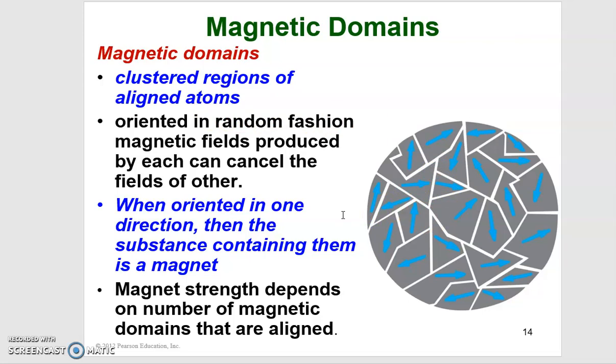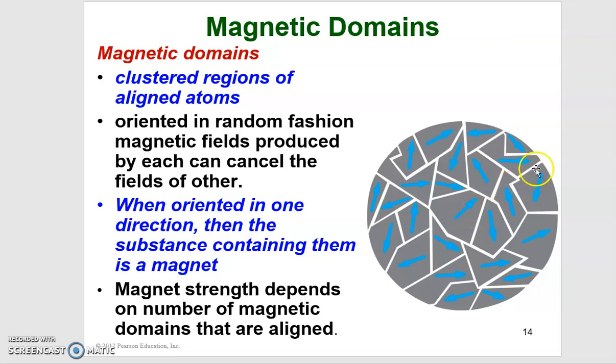What will happen is that if they are all eventually oriented in the same direction, then this material will become magnetized, which means it can produce a magnetic field. How strong the magnetic field is also depends on the number of magnetic domains. For example, in this material, now all the magnetic fields are oriented randomly.